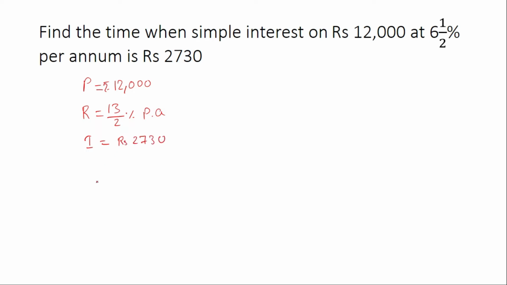The formula for time will be interest into 100 by P into R. So put the values. 2730 into 100 by principal was 12,000, 12,000 into 13 into 2.